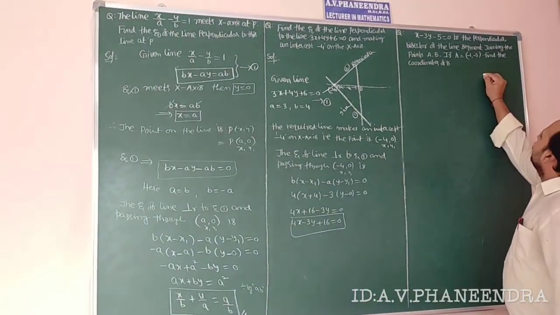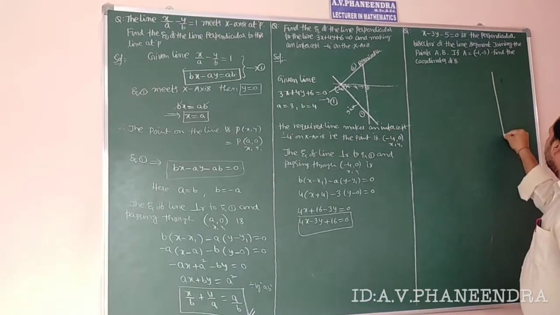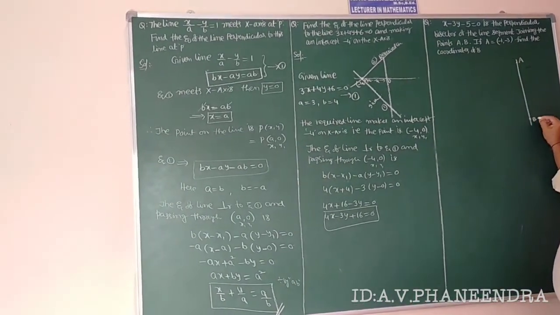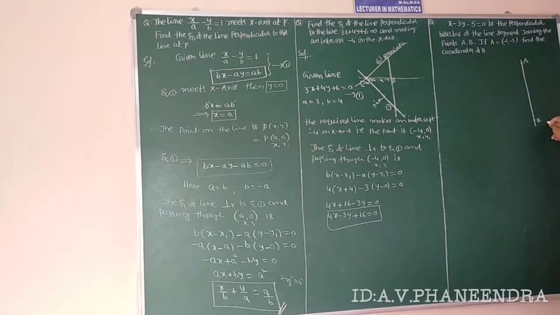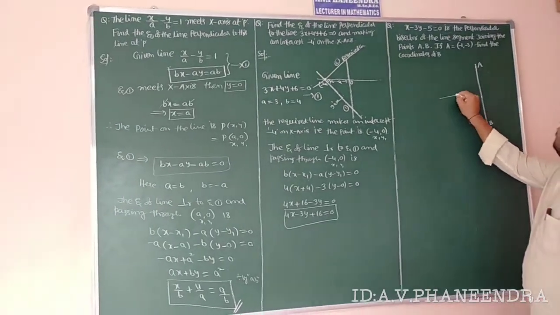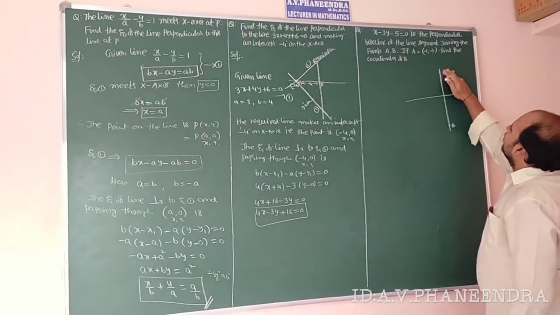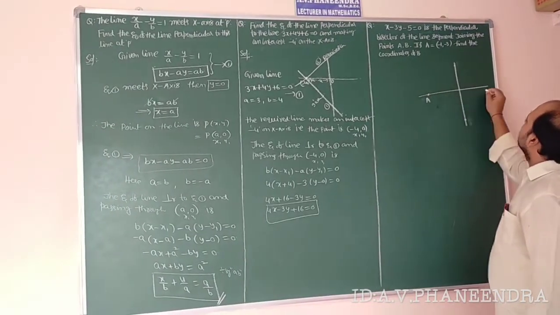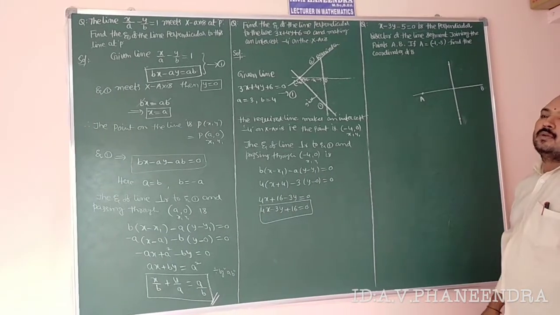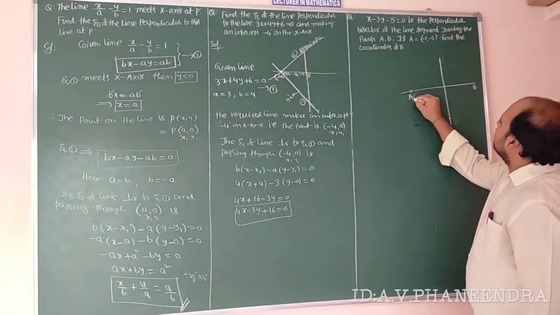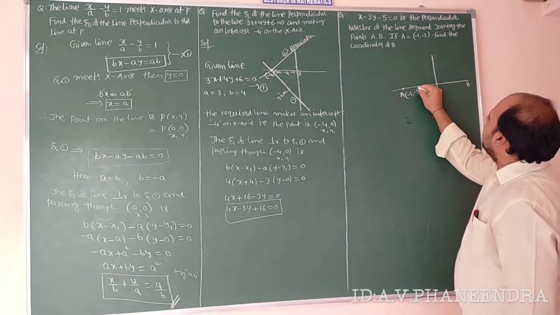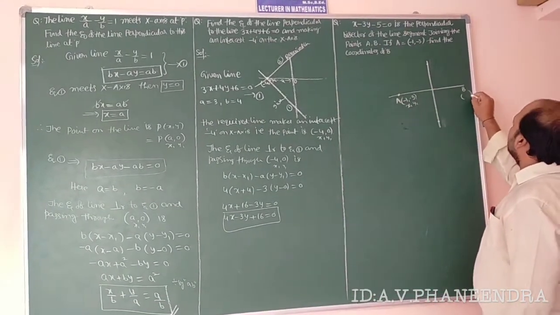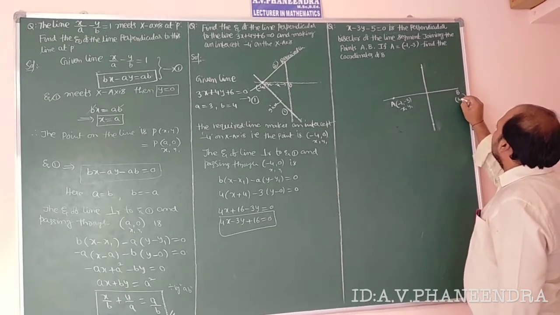See here, this line is the perpendicular bisector of the line joining the points A and B. The A value is given as (-1, -3), which we can assume is (x1, y1). We don't know the coordinates of B, which I am assuming as (h, k).